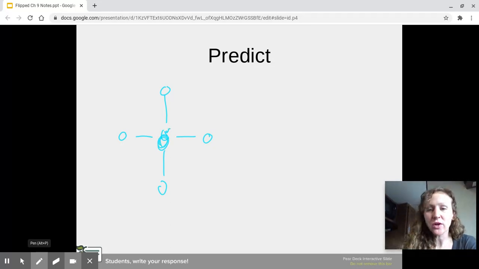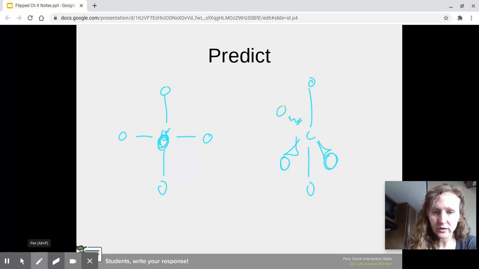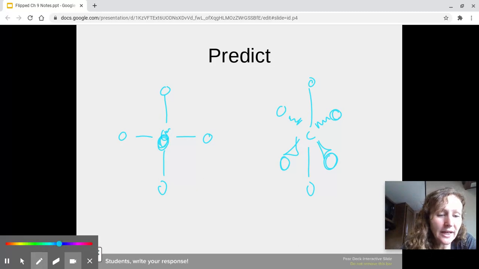So in order to draw this, I really have to draw it on an angle. I'm going to draw two coming out and 2 going back. Okay, so there's my molecule. Now, what kind of angles do I have here?